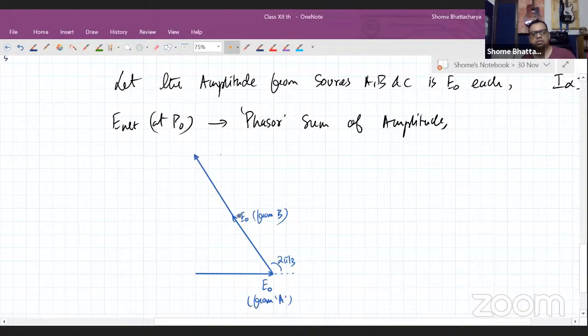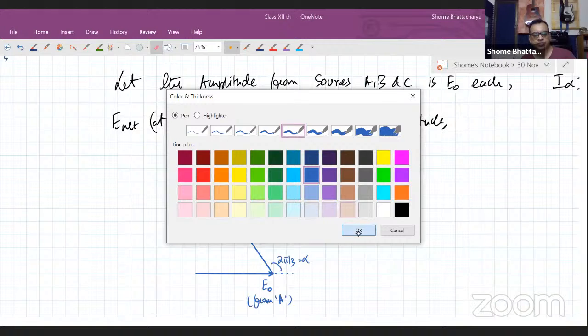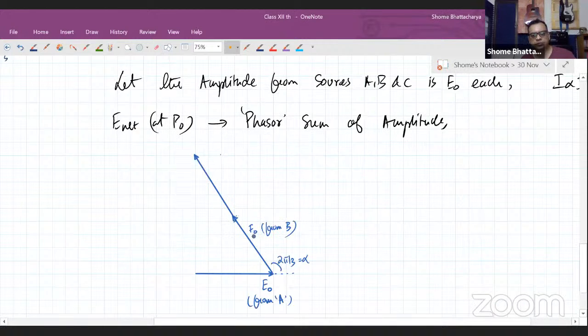Okay, so this is your alpha, and here if I try to trace the value beta, that will be like this. So it's actually one full round plus this.